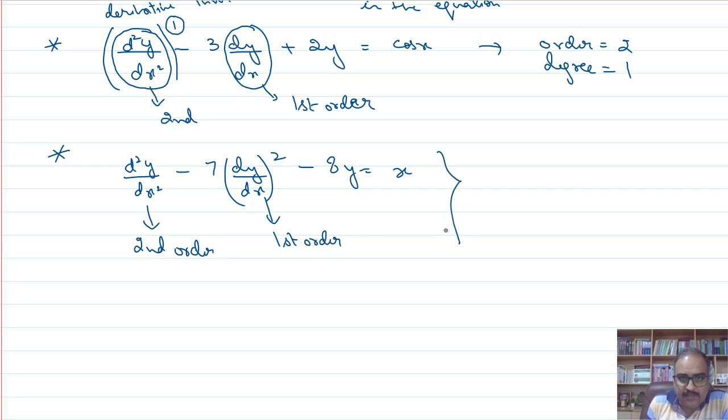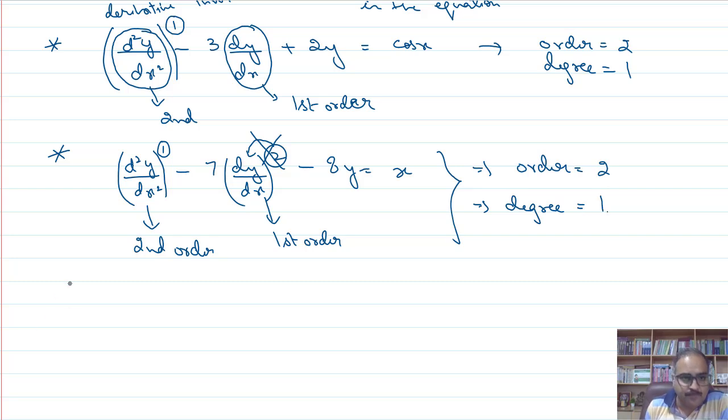Order deals with the highest order derivative, so it will be 2. And degree is the power of the highest order. The second power is on the first order derivative, so I do not deal with that; I have to deal with the second order, and its power is 1.